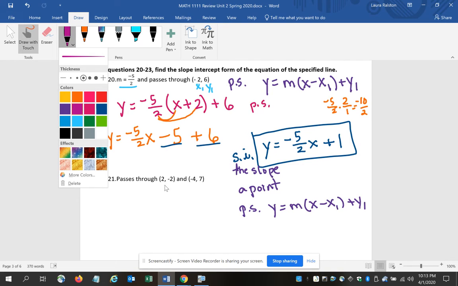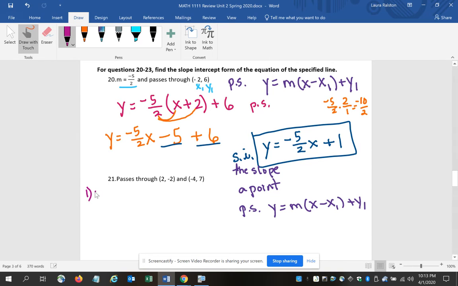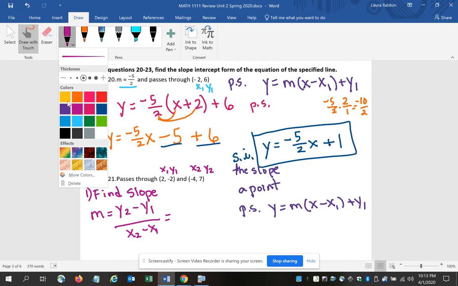But remember, we have enough information to find the slope. So the first step that I have to do in this particular problem is to find the slope. So I'm going to label these x1, y1, x2, y2. Remember your slope formula is y2 minus y1 over x2 minus x1. So I'm going to use the 2 points that I was given and my slope formula, and do the calculation.